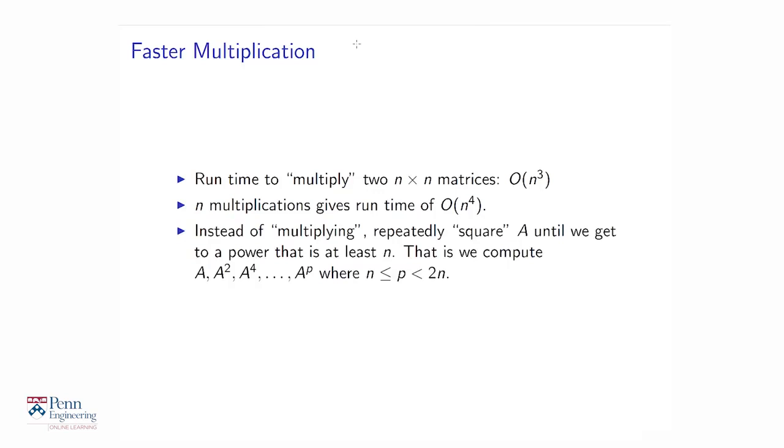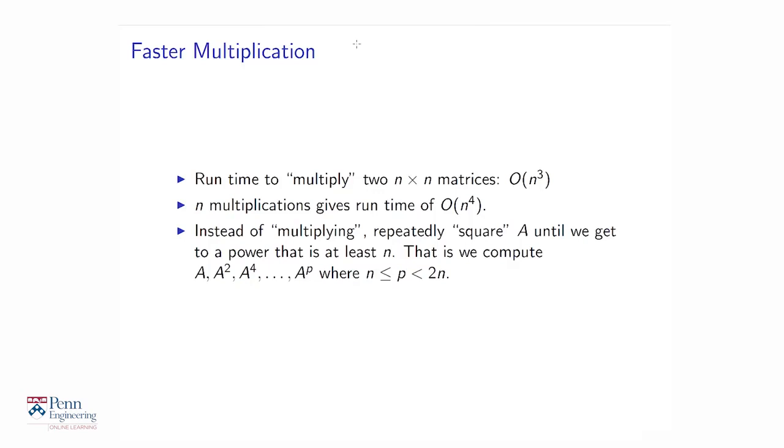Yes. Instead of sequentially multiplying to go from A to A squared to A cubed and so on, we can repeatedly square A. Again, squaring is done in this funny way. It's not exactly standard matrix multiplication. We're going to add corresponding entries instead of multiplying corresponding entries, and we're going to take the minimum instead of adding.